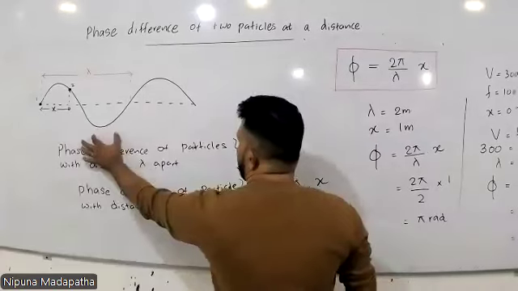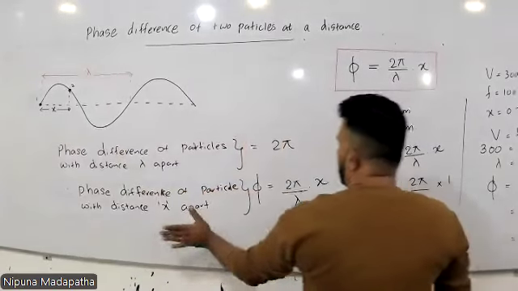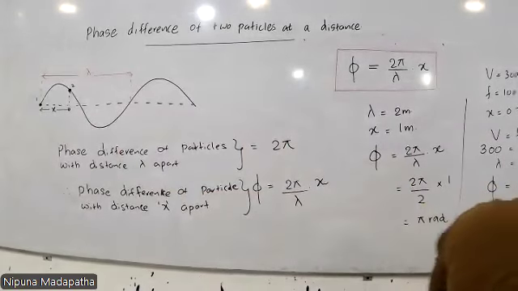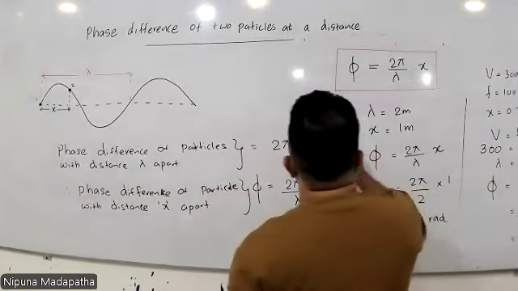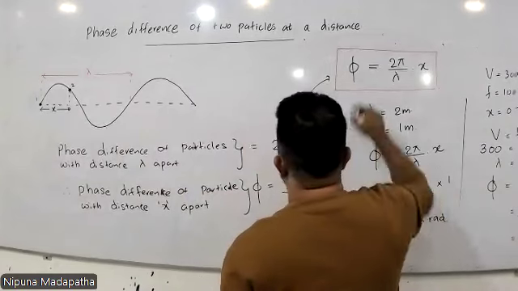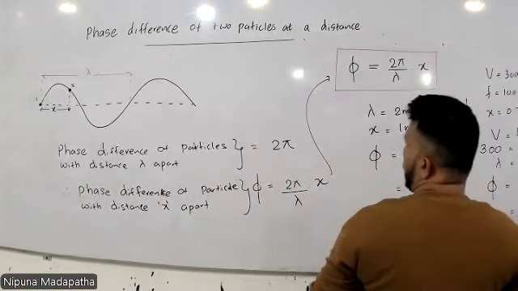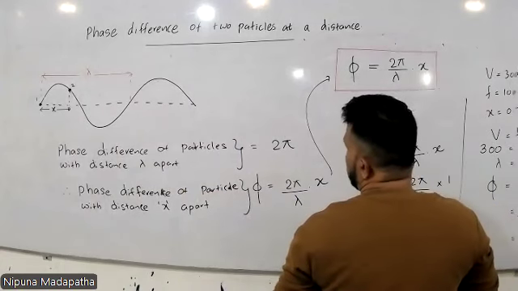So now you can draw this and write it down. Y is the phase angle. X is the distance between the two particles.